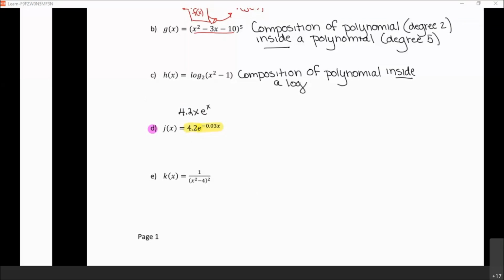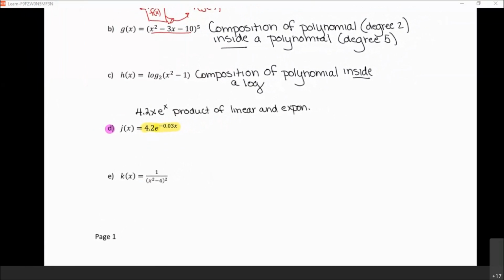That's a product, right, of a linear and an exponential. That's a product because I've got 4.2x e to the x. If it's just a constant multiplying your exponential, it's a coefficient on the exponential.